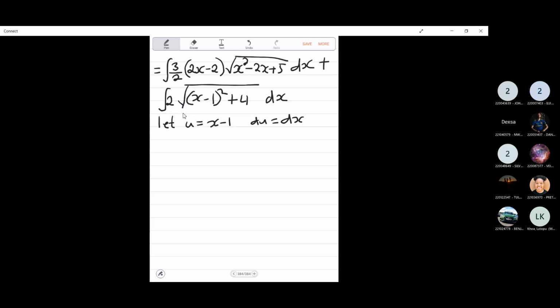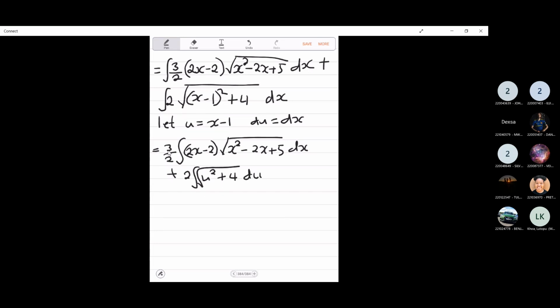So our integral is 3 over 2 times the integral of 2x minus 2 times the square root of x squared minus 2x plus 5, dx, plus, taking the 2 outside, the integral of the square root of u squared plus 4, du.